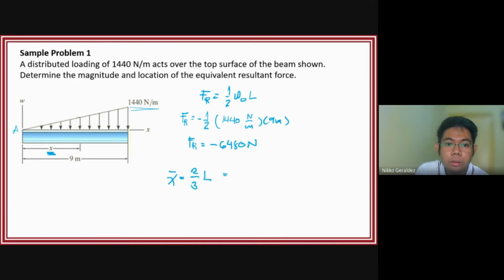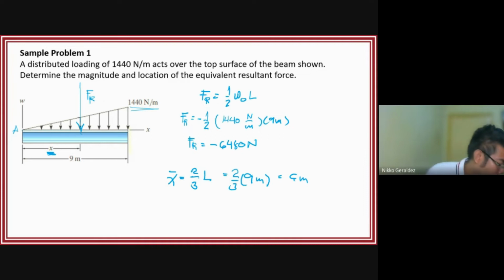So 2/3 times the length, 9 meters, is equal to 6 meters. So the resultant force is here, at 2/3 the length of the bar. If you measure from the height side, that is 1/3 of the length, which is 3 meters.